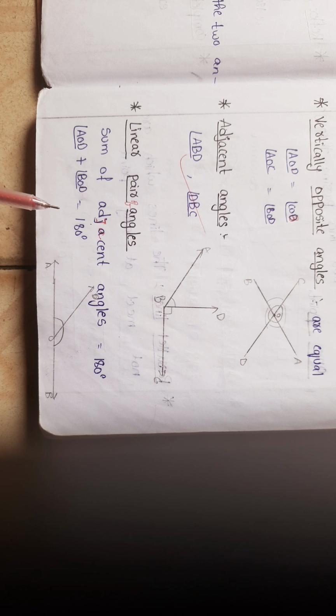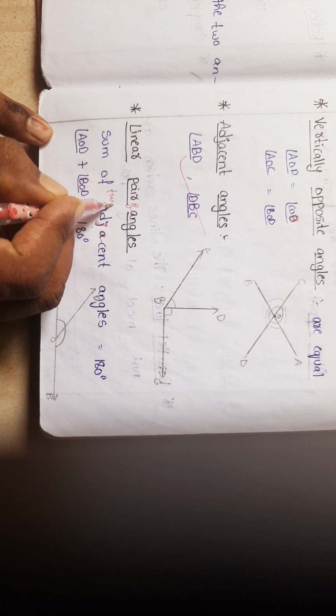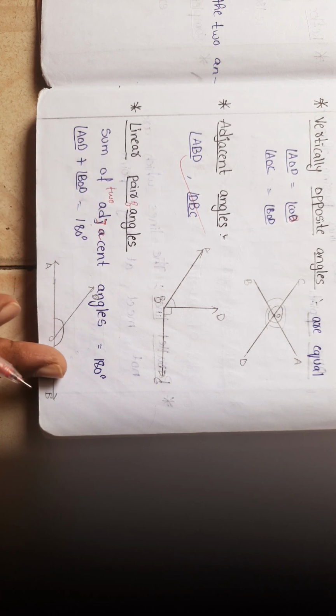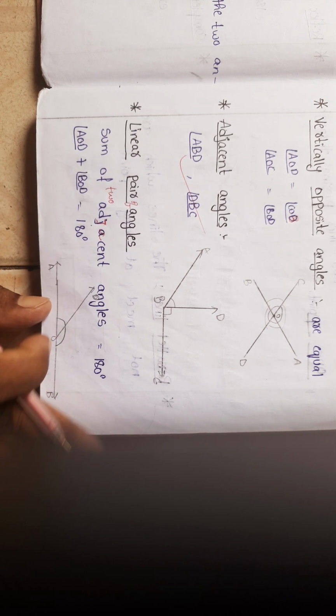Sum of the two angles is 180, then it is supplementary. Linear pair of angles means sum of two adjacent angles is equal to 180. I thought that you got it.